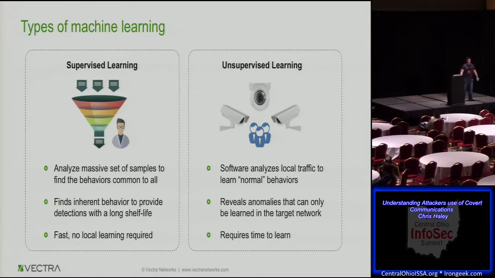The unsupervised learning piece is based on behavior. So, for example, there's a few attributes common to human beings. One is time and frequency and patterns and the types of systems that you go to on a day-to-day basis, the types of credentials you use for Kerberos.